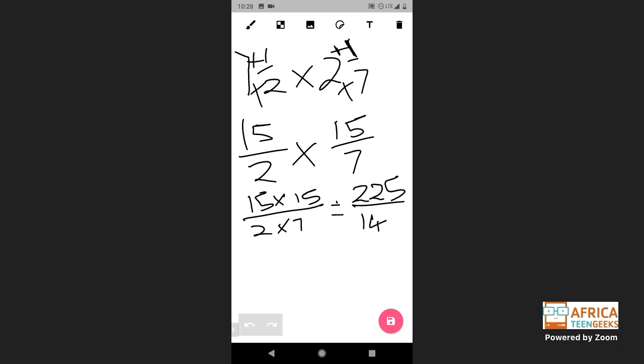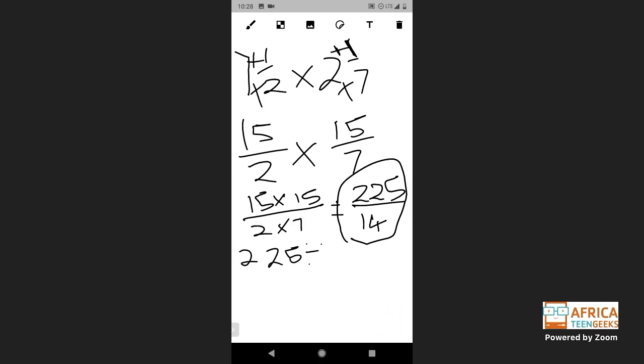So let's finish this one right here. No highest common factor for this one. So let's do this then. How many times does 14 go into 225? Obviously, we'll say 225 divided by 14, and your answer will be 16.